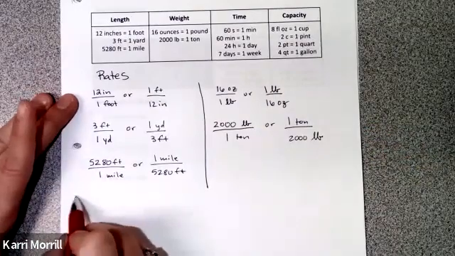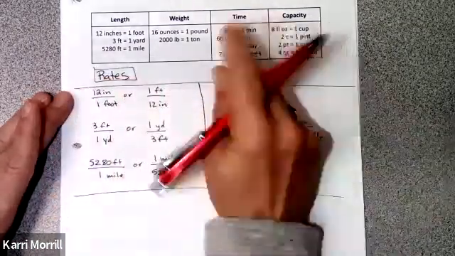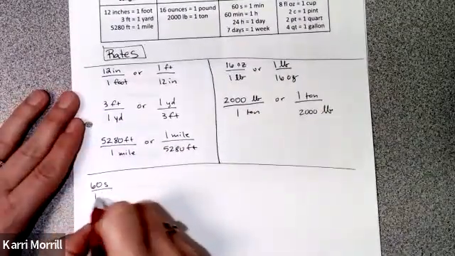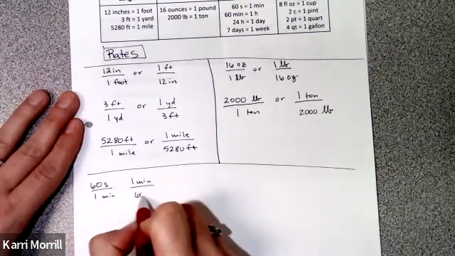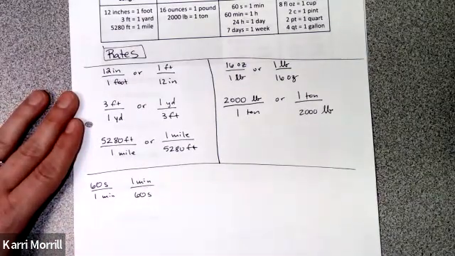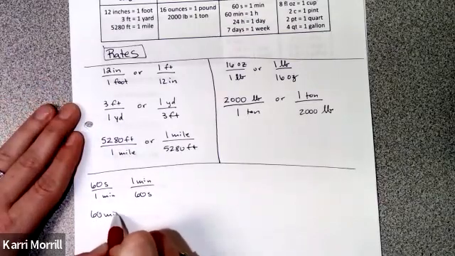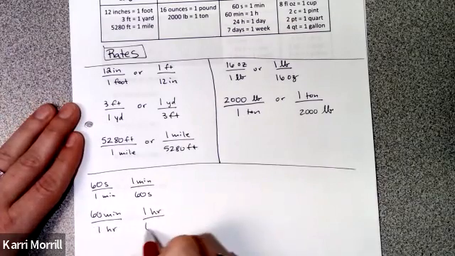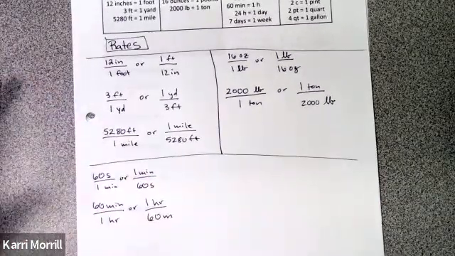And then we have time. We can do all of those. 60 seconds over 1 minute, 1 minute over 60 seconds. Sometimes you might put SEC, but we know that there's 60 minutes in 1 hour, or 1 hour in 60 minutes. So it's just setting them up like fractions.